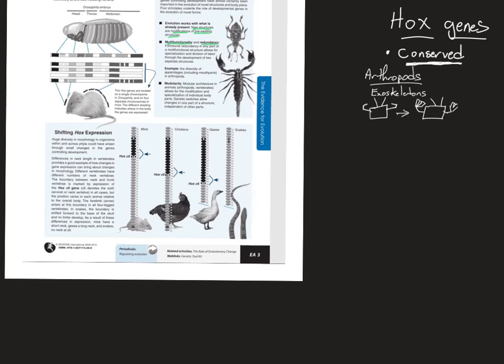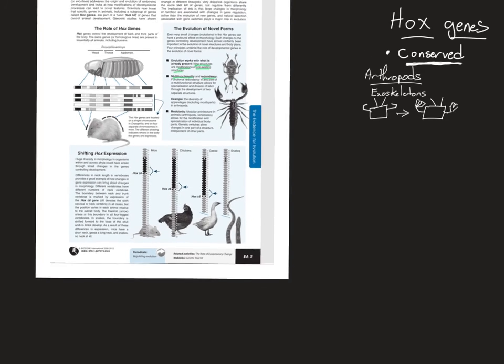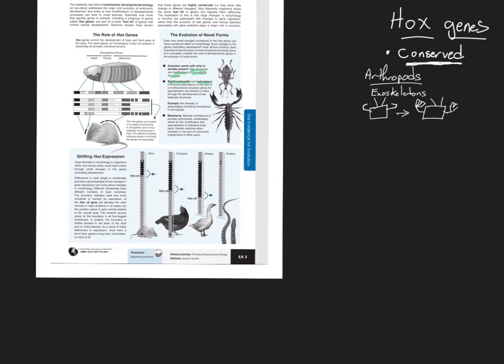If you didn't have any, the organism wouldn't be able to do much of anything it does, as is obvious since even Drosophila, which is a fruit fly, doesn't have a backbone, has Hox genes. In fruit fly, it doesn't control the neck length because fruit flies don't have necks. They don't have vertebra.